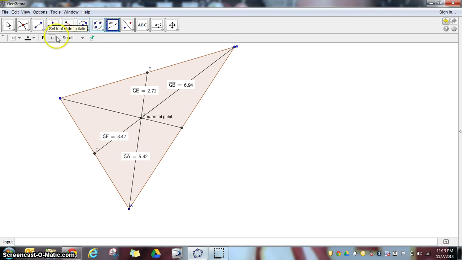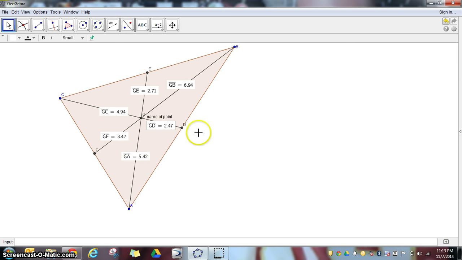And I've got two more: point, vertex, and point, midpoint right there. So that one turned out a little off. I want to move that one over a little. It won't let me move it.